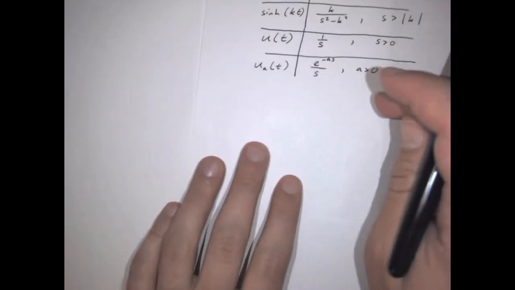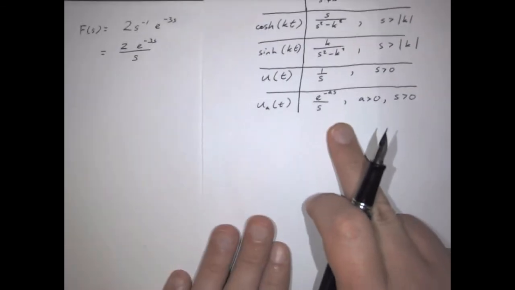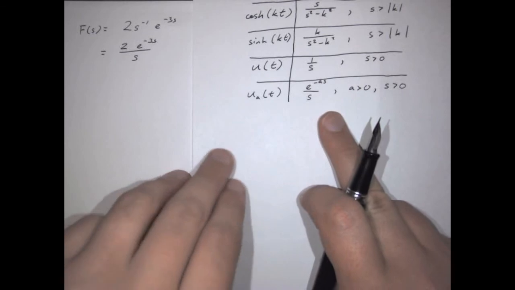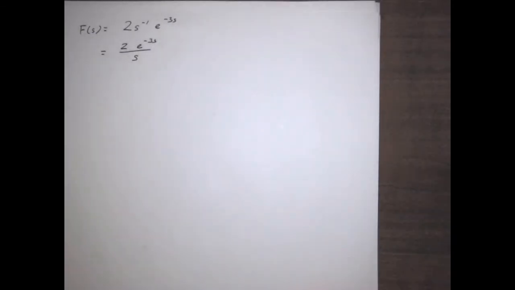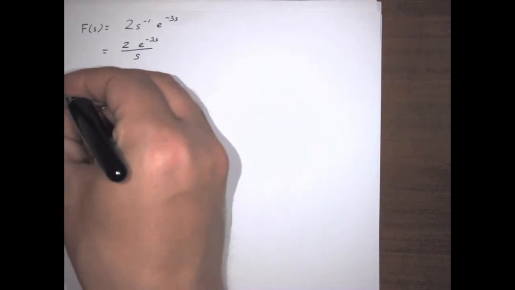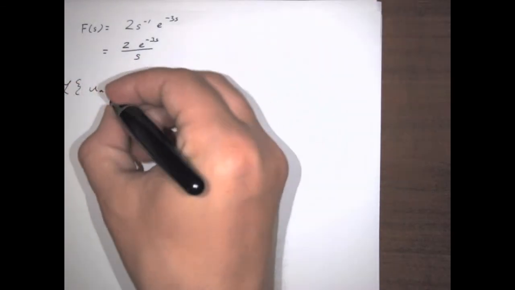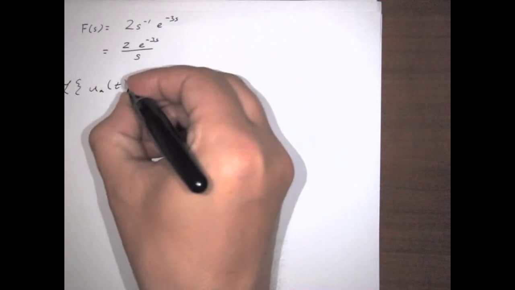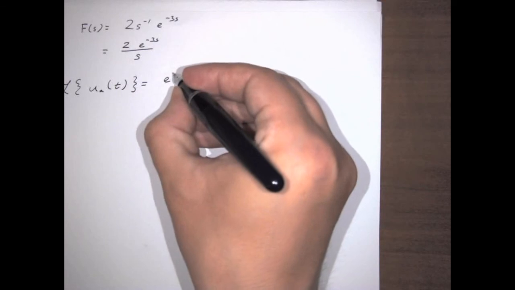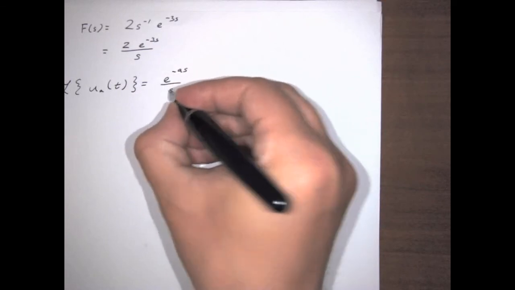Well, it does match the format on this one. So we've got the shifted unit step function. The Laplace transform of u sub a, the Heaviside function, at t is equal to e to the negative a s over s.